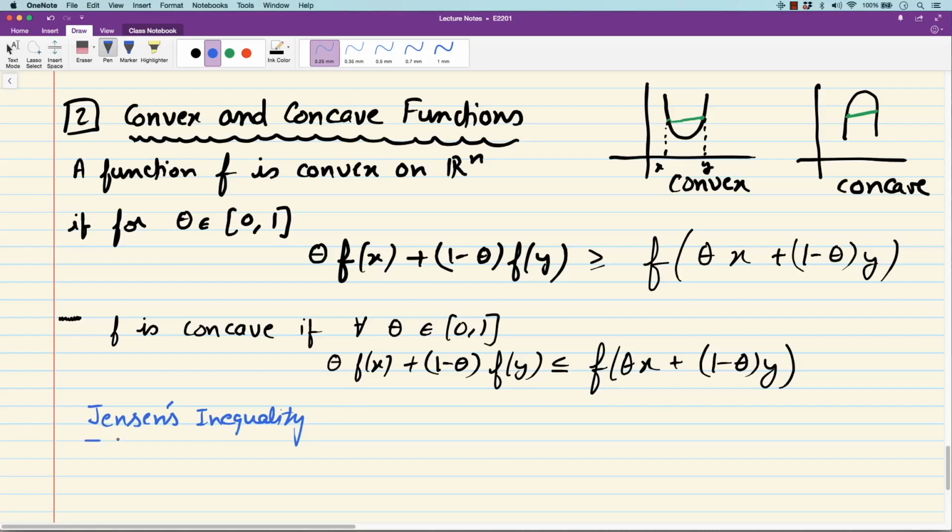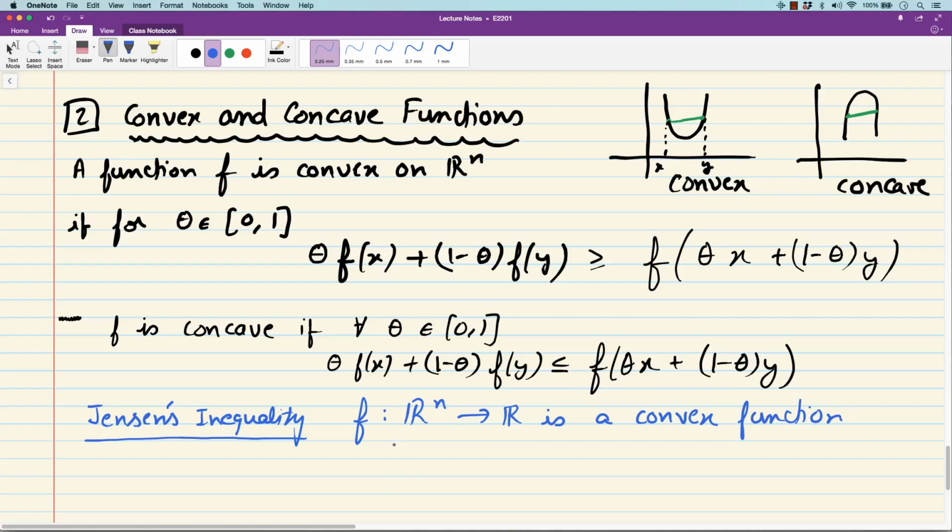What does it say? It says that if f from Rn to R is a convex function, then take any distribution on the input.